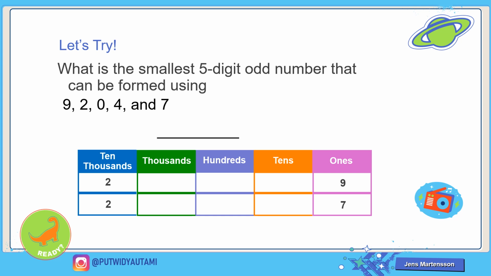We have these 2 choices. Now, let's fill the blanks. In thousands place, just put the number from the smallest to the biggest. So, we put 0 and then 4.